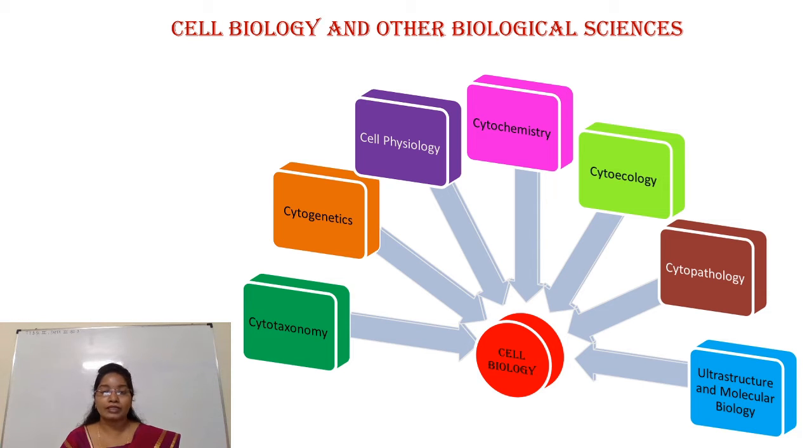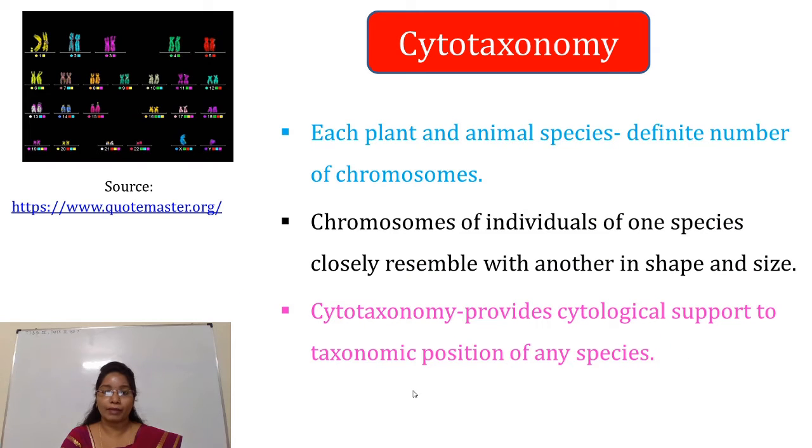Some of the important biological sciences associated with cell biology are cytotaxonomy, cytogenetics, then cell physiology, cytochemistry, then cytoecology, cytopathology, and ultrastructure and molecular biology. Okay, so let's see one by one.